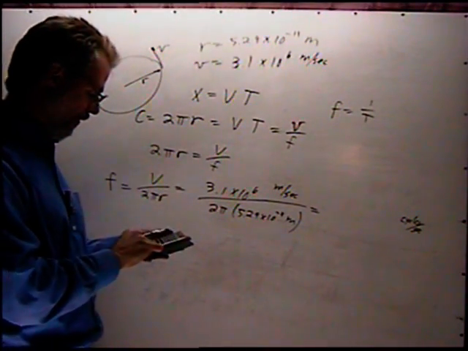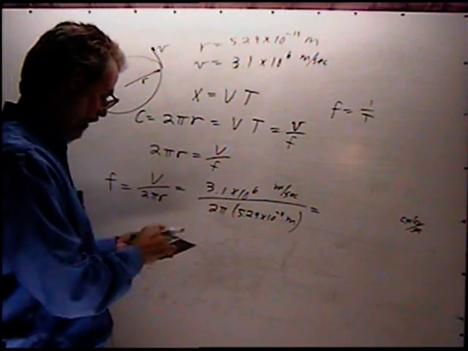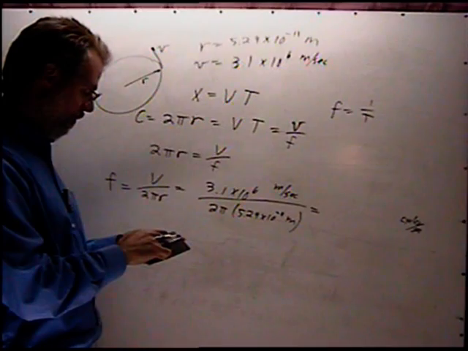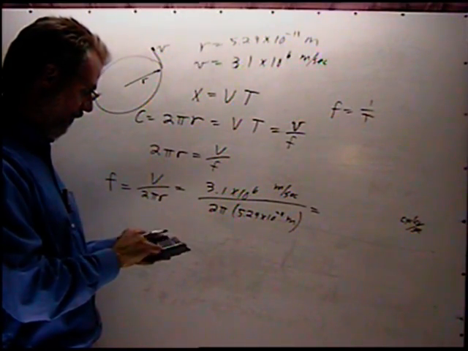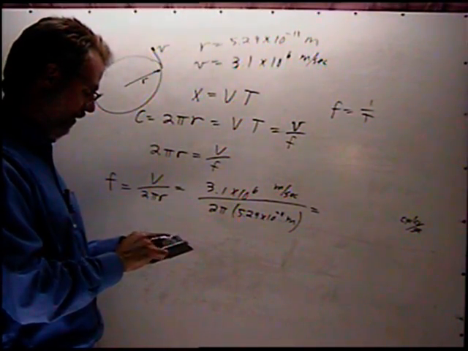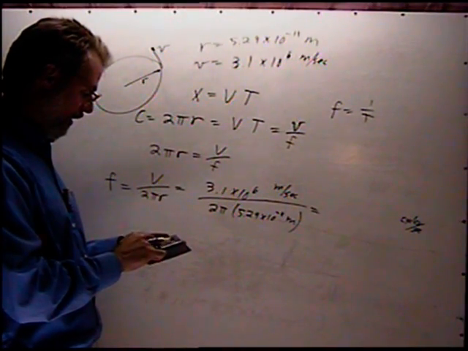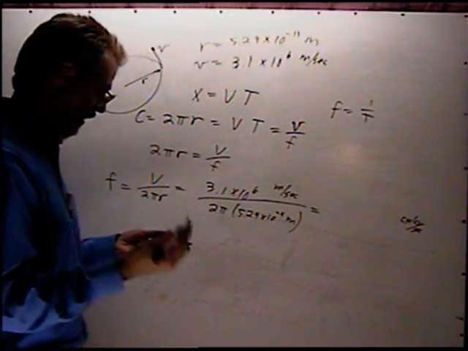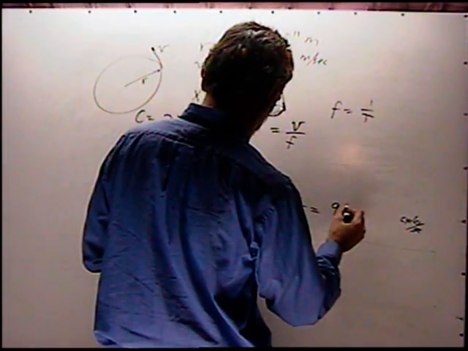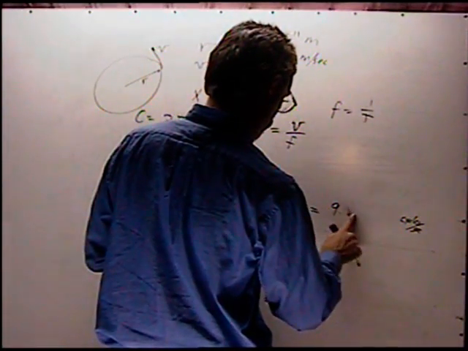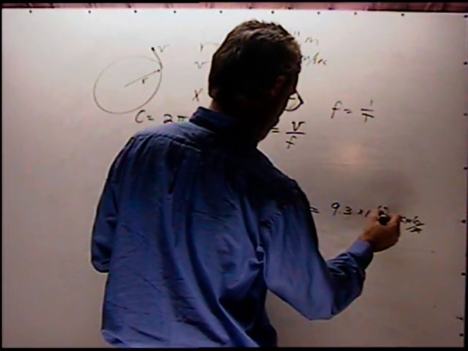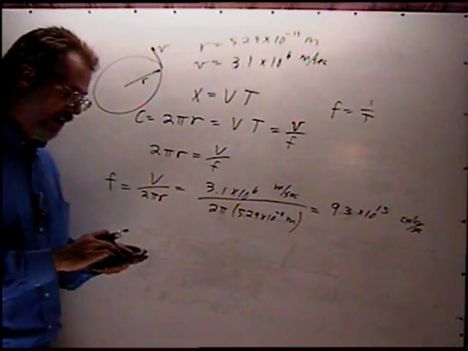So 3.1 e to the 6 divided by 2 divided by pi divided by 5.29 e to the minus 11, and I end up with 9.3 times 10 to the 15th cycles per second, or hertz.